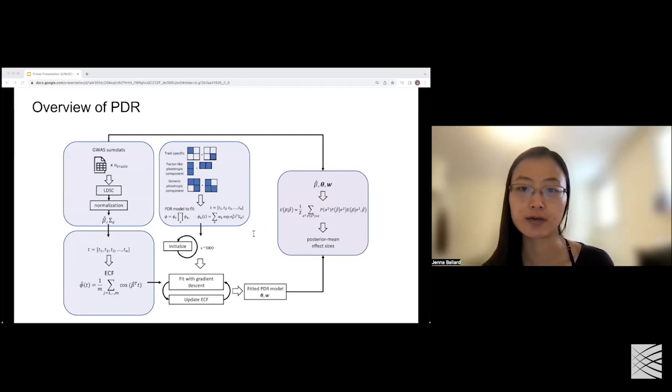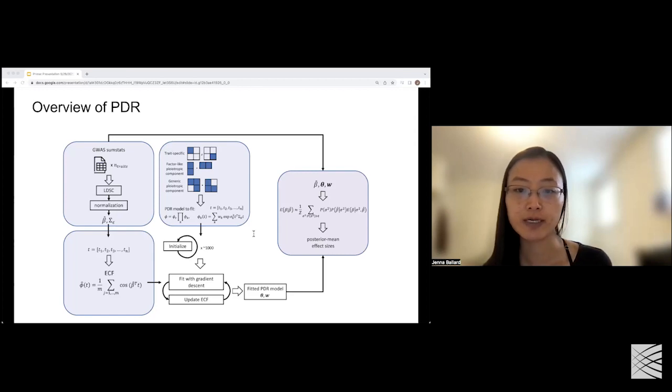We also build a model that we want to fit to the data using a combination of trait-specific and pleiotropic components. We have two types of pleiotropic components, factor-like and generic. The covariance matrices for the factor-like component are rank 1, and those for the generic components are full rank. We mainly use the generic components in our main analyses since they tend to fit the data better, but we did use the factor-like components in one of our simulation analyses.